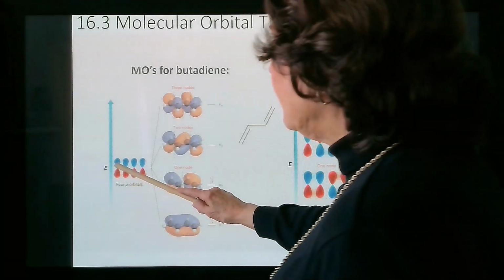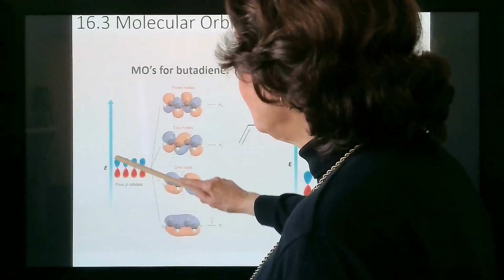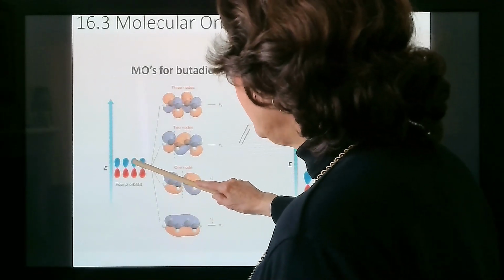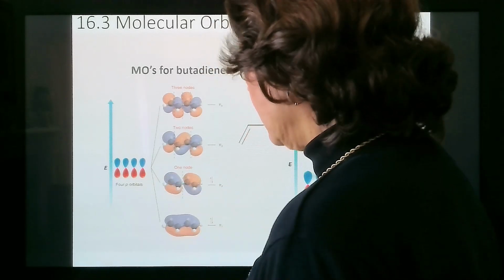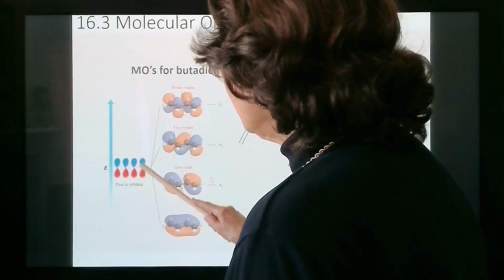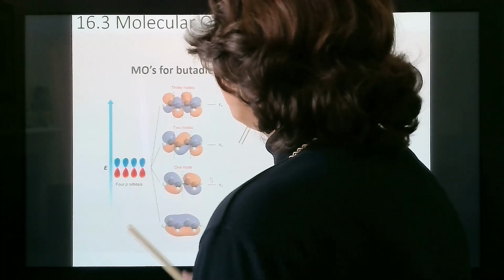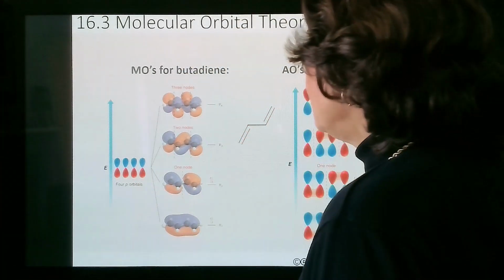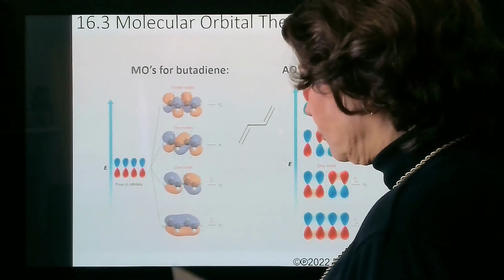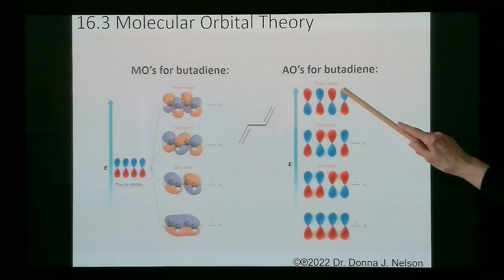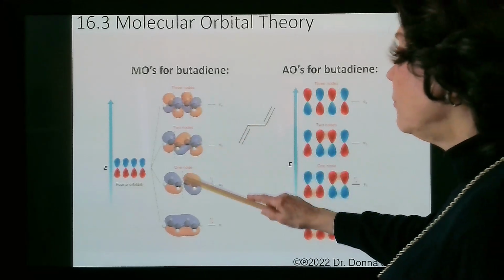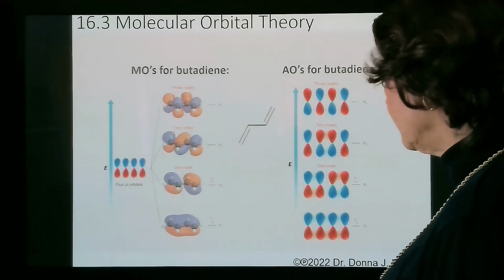So here you can see in the atomic orbitals, the p orbitals are still very distinct for those four carbon atoms. So these four p orbitals can overlap to form molecular orbitals. These are the atomic orbitals. These are the drawings of the molecular orbitals.